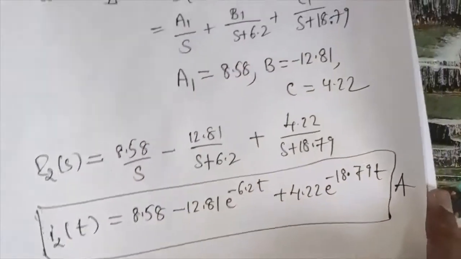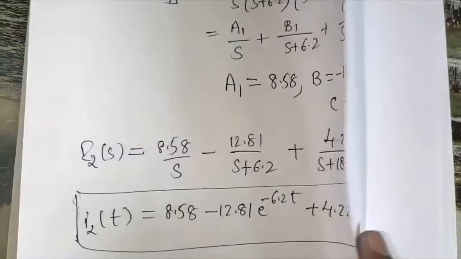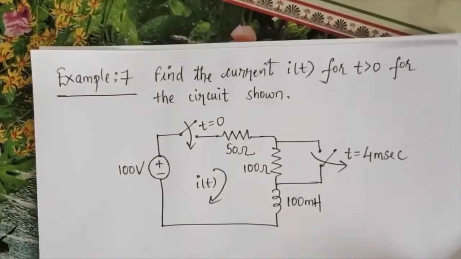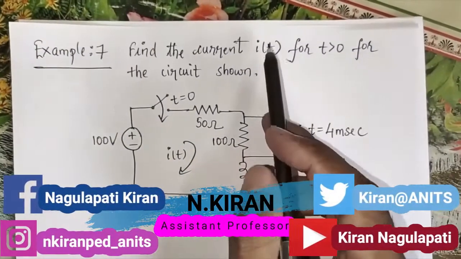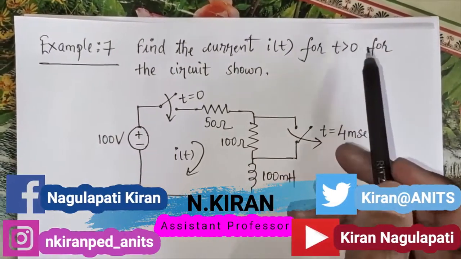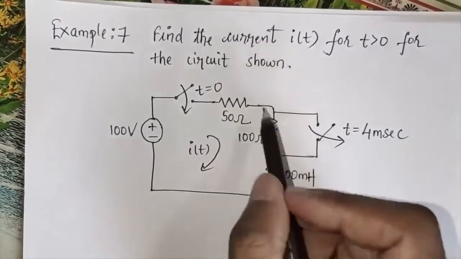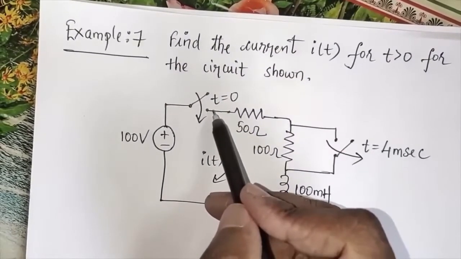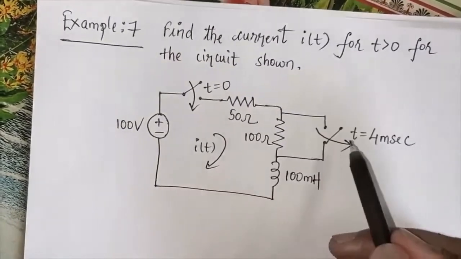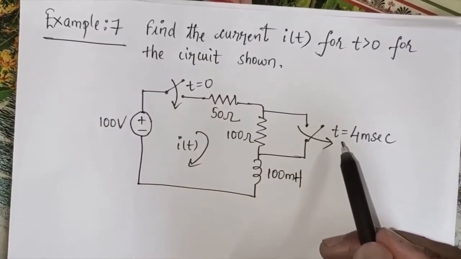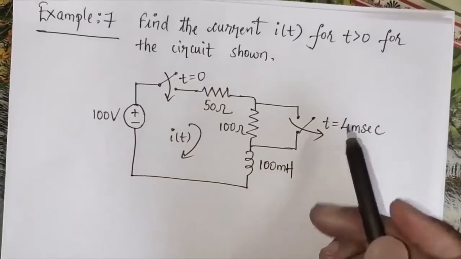Let us consider the seventh example. Find the current I of t for t greater than 0 for the circuit shown. Here you can see there are two switches. The first switch is operated at t equal to 0 and the second switch is operated at t equal to 4 milliseconds.